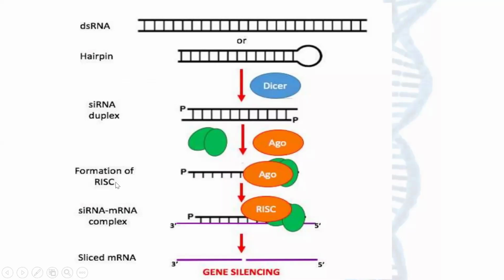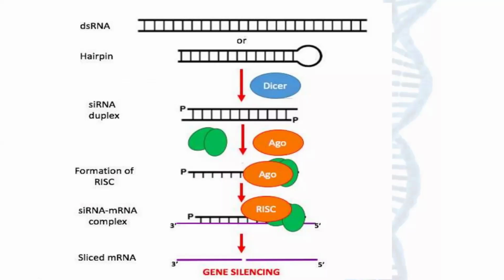This complex will recognize the complementary mRNA, bind to it, and cleave it. Once it cleaves it, it silences the gene. So this is the mechanism of RNA interference.